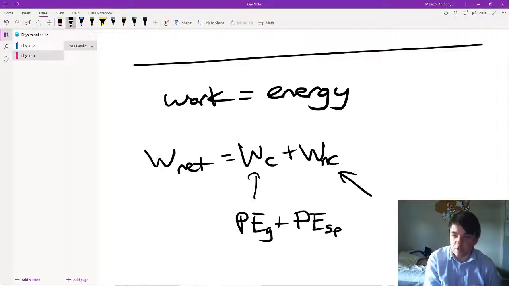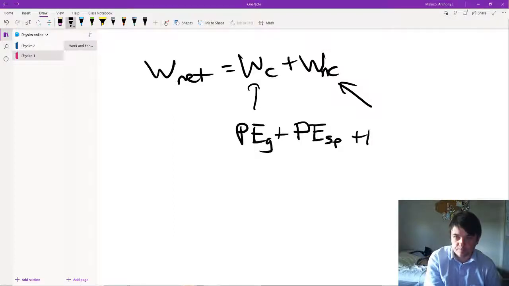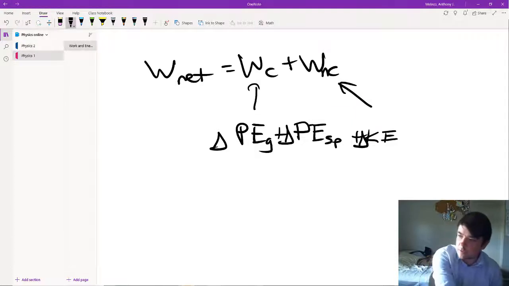And then for the non-conservative work, this would be work like the work of friction, okay? But we'll just leave that there for now. But we can also add in the change in kinetic energy here.